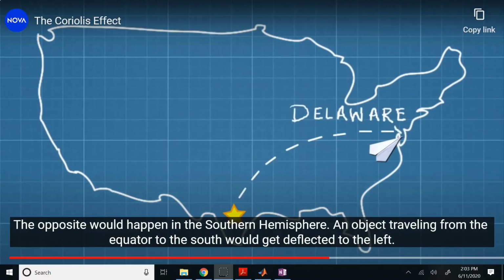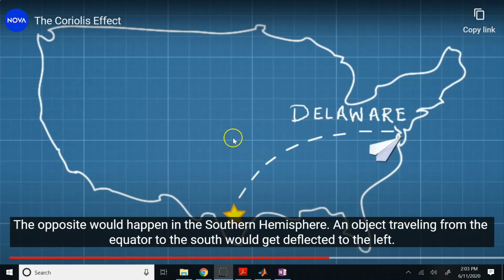As you could see in this video, the airplane that you are aiming directly to the north has a bigger angular momentum compared to if you started the flight somewhere like Delaware.